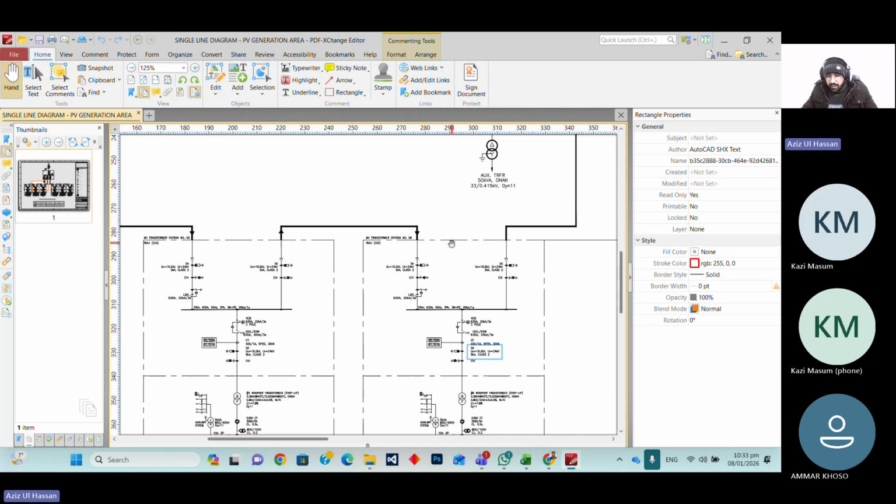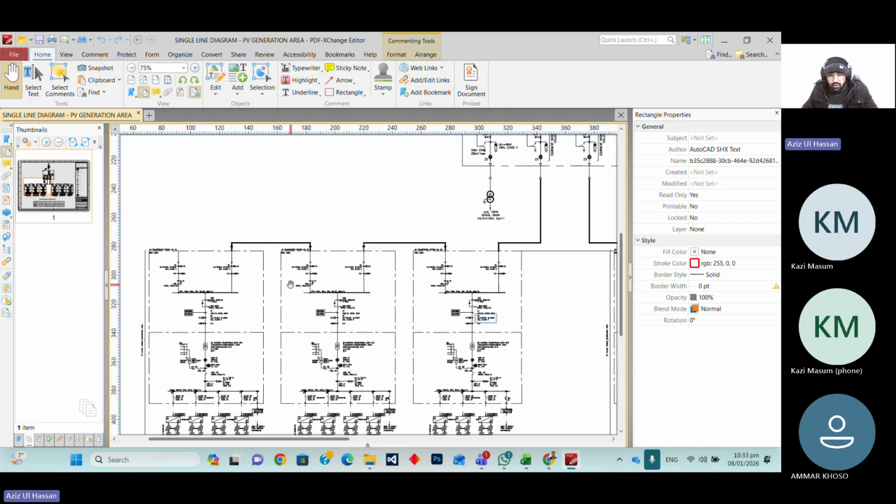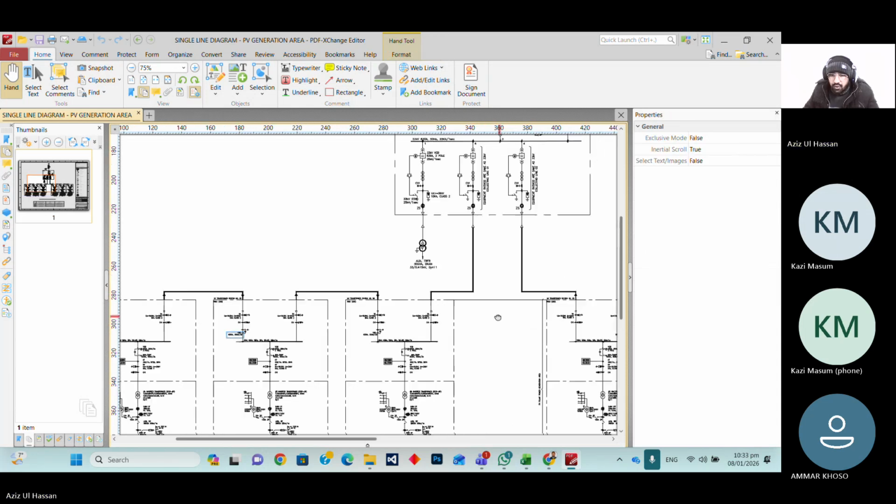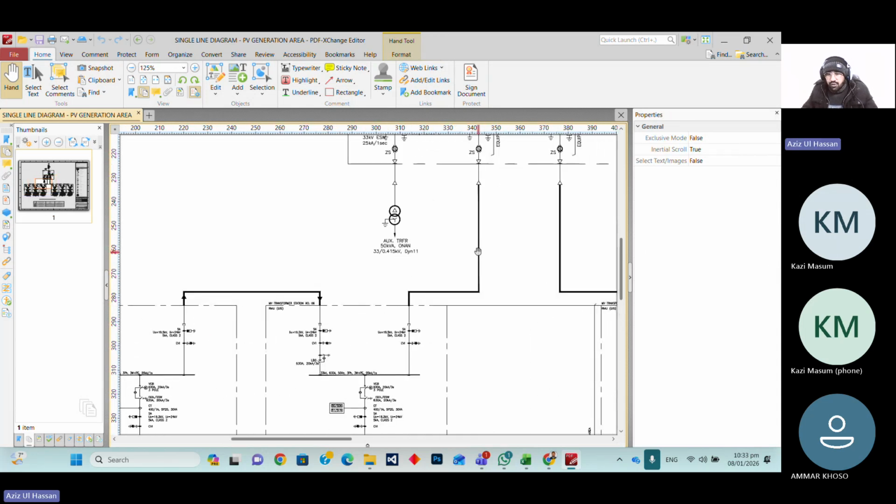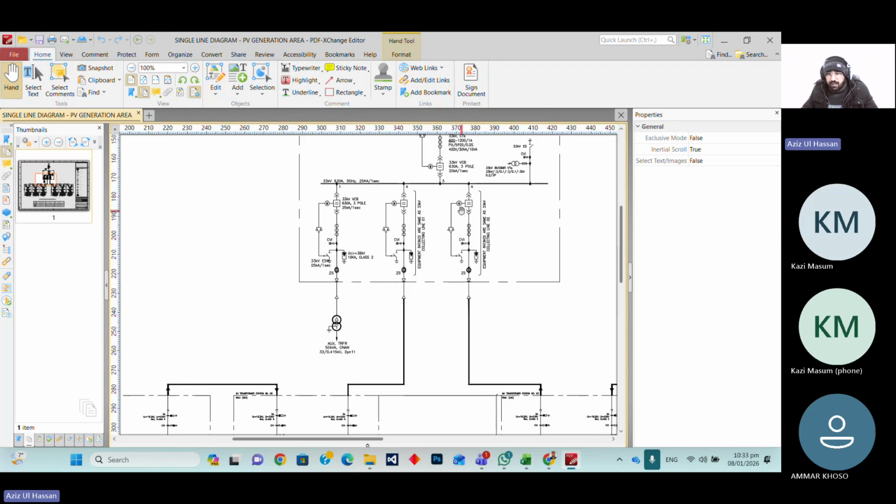So you can see that their input one end should be at the same level. So here that output cable should be terminated to this bus bar.